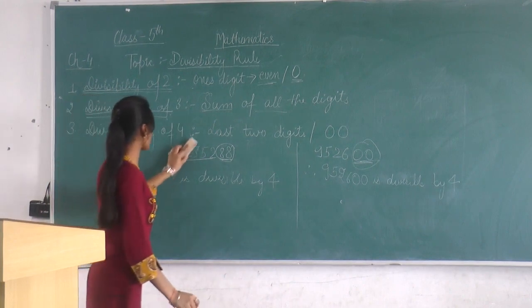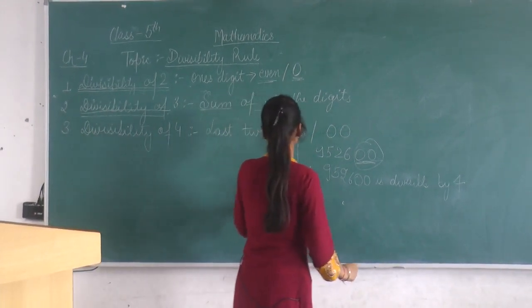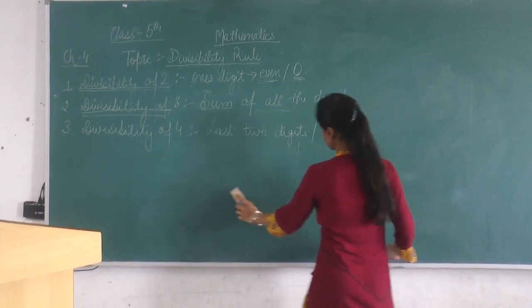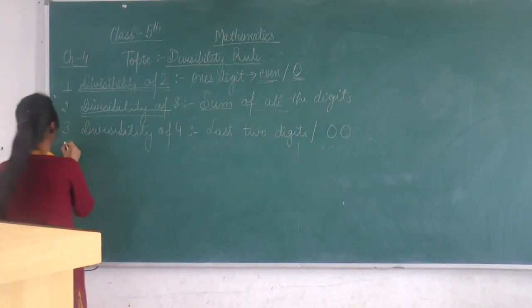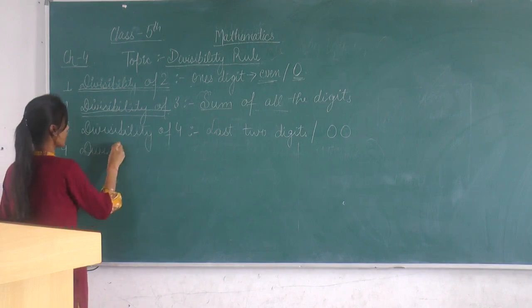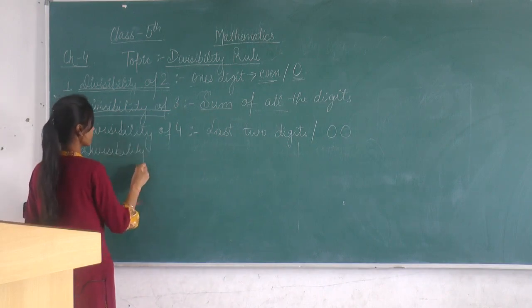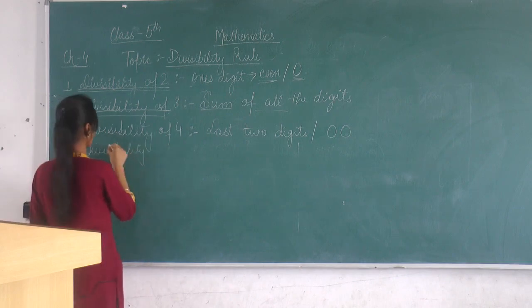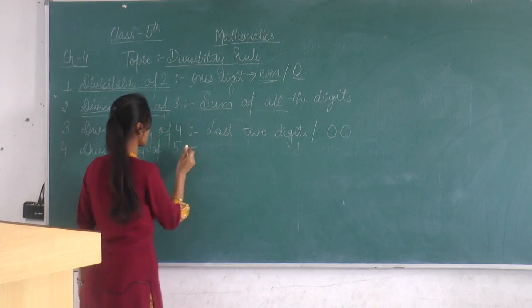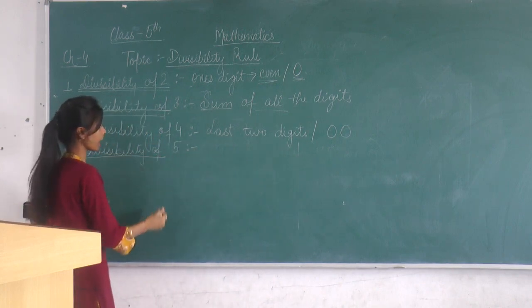Moving on to the next rule. The next number is 5, so the rule is divisibility of 5.